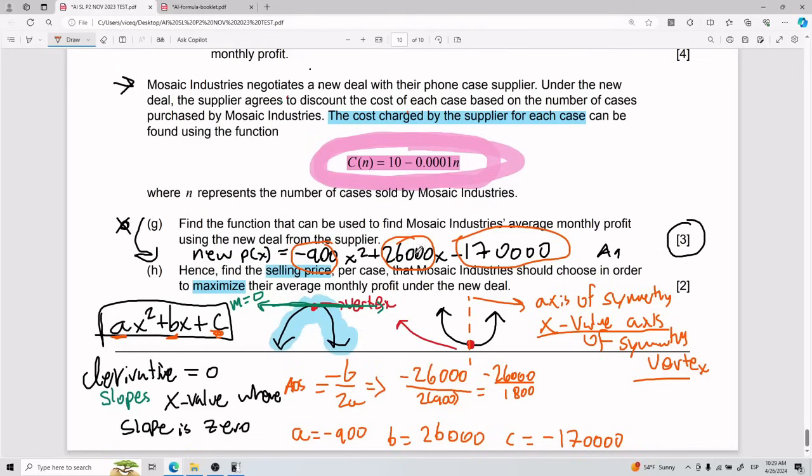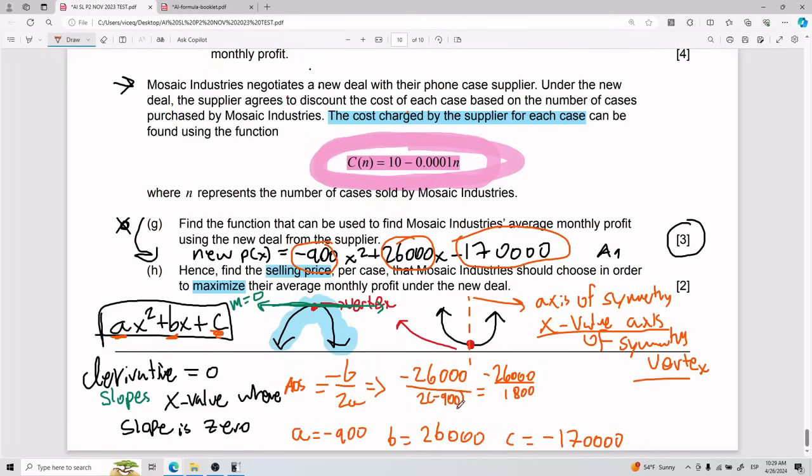Now, I just noticed, I am very not concentrated today. I just noticed that a is negative 900, and here I did plug in 900, but I forgot to put a negative. So once again, I'm leaving that sort of mistake on my video because it happens to anyone. I should have plugged in negative 900.